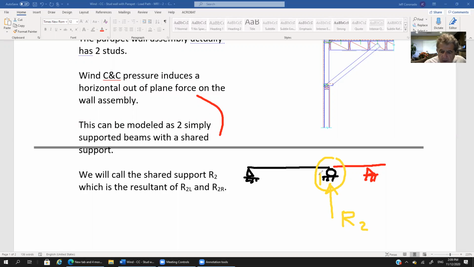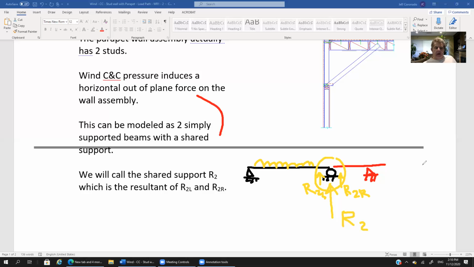So we'll call this little guy here R2 left, because part of the reaction that goes into the support comes from this full height stud and the wind load that acts on it. And part of this load that goes into this reaction is coming in from the right side, from that parapet side. So we'll call that R2 right. So R2 is derived from the R2 left and R2 right.